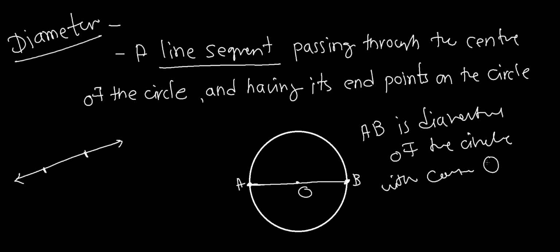But this has divided the circle in two parts. How? This is the fixed length from O to B, this is R, that is the radius of the circle, and this is the fixed length from O to A, this is also R, the radius of the circle.